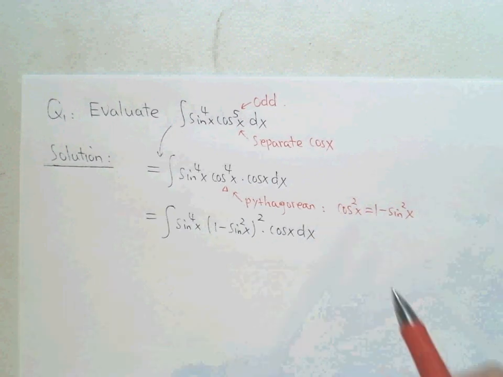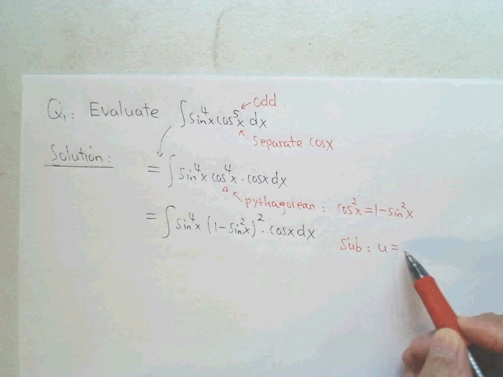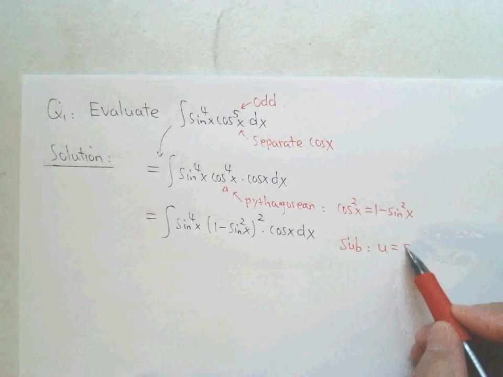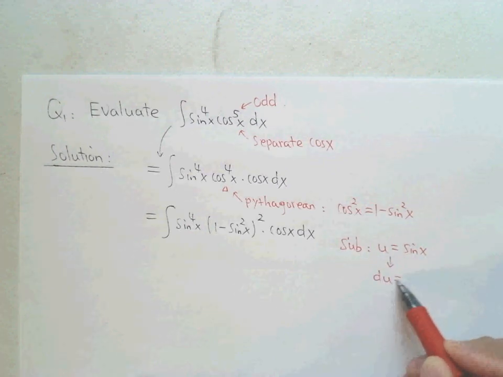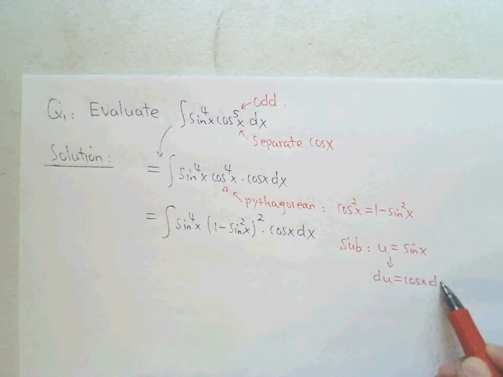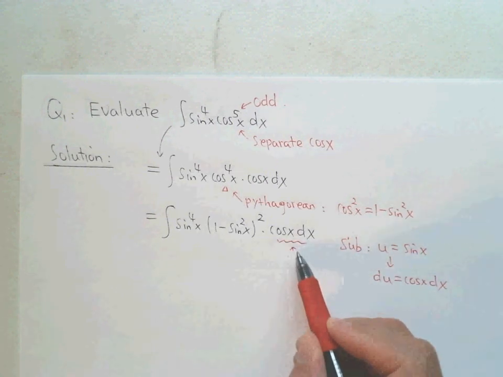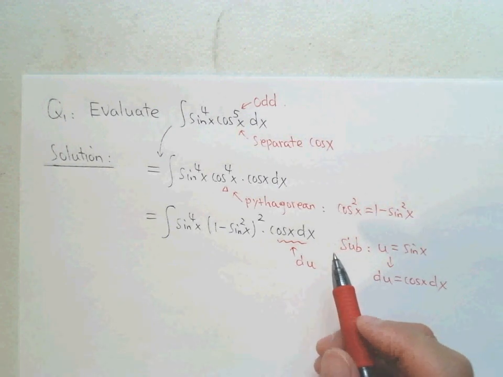Now it is ready for substitution. You know the substitution: substitute the sine, and then you get it. What is du? It is cosine x dx. See what is this? We definitely have it. This is du, right? Good, that's already du.